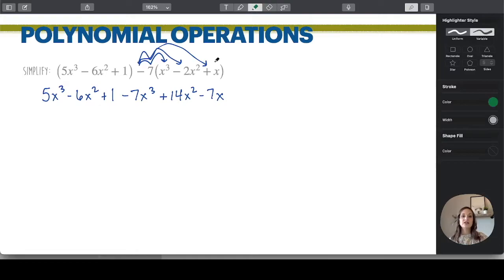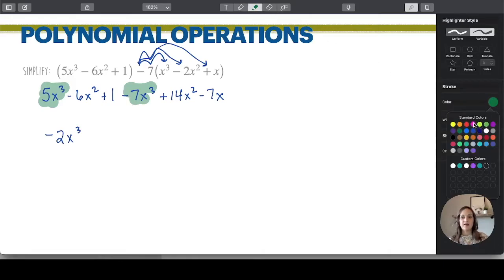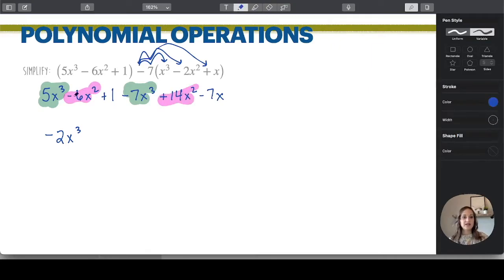So now we need to look for anything that has in common. So we have a 5x cubed and a negative 7x cubed. That will give us a negative 2x cubed. And then I notice that we have a negative 6x squared and a positive 14x squared. Negative 6 and a positive 14 will give me a positive 8x squared.